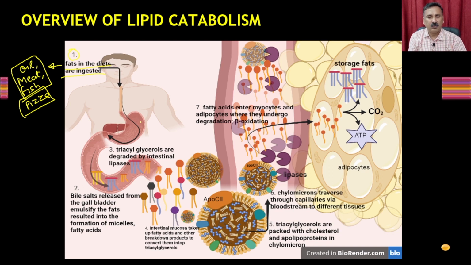There is no digestion of fat in the stomach. When it enters the small intestine, bile salts are released from the gallbladder and emulsify the fat, resulting in the formation of micelles and fatty acids.